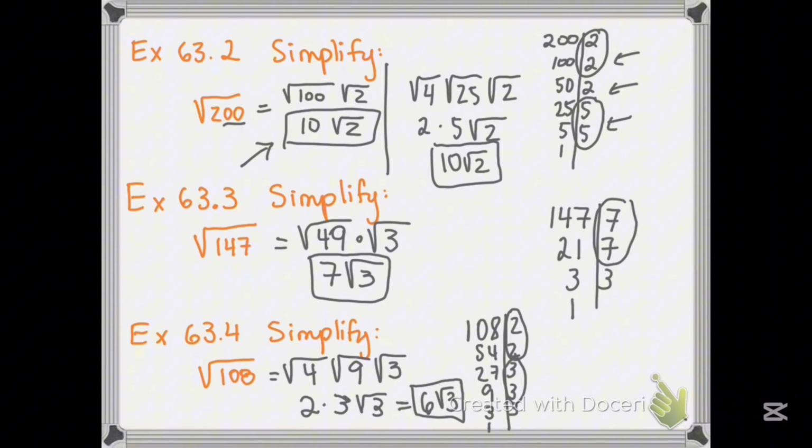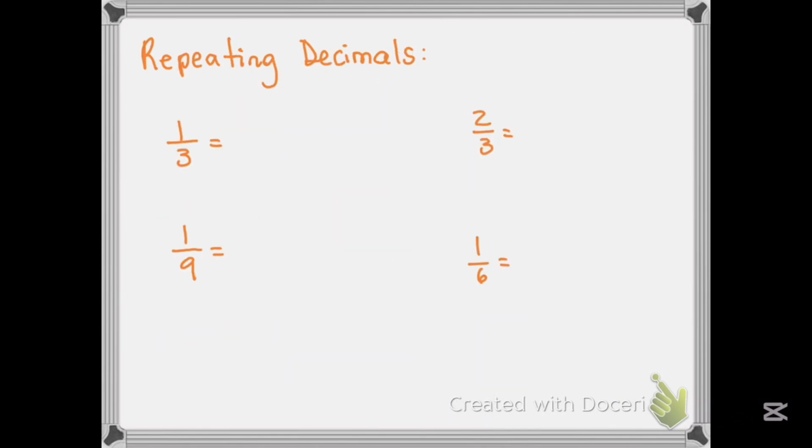Very, very simple. Now in this lesson, they also want you to memorize the repeating decimals. So remember that 1/3 is, if you divide 1 divided by 3, the answer is 0.333 repeating.